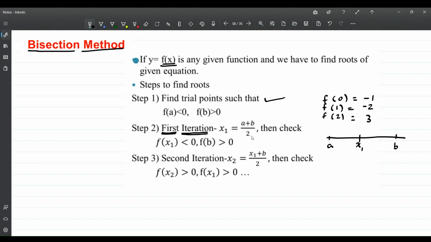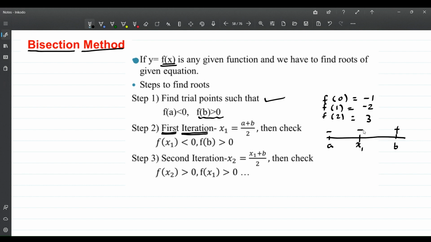Then put this new value of x1 in equation 1, that is f of x. If a is negative and b is positive, that means f of a is negative and f of b is positive. Then find x1, the midpoint, and put this value in equation 1.